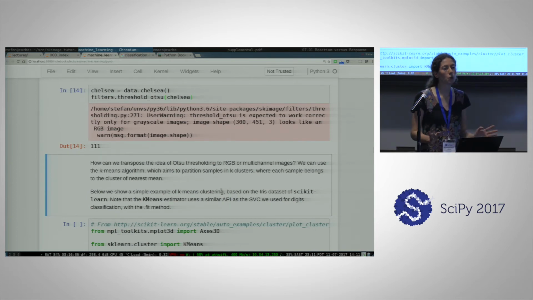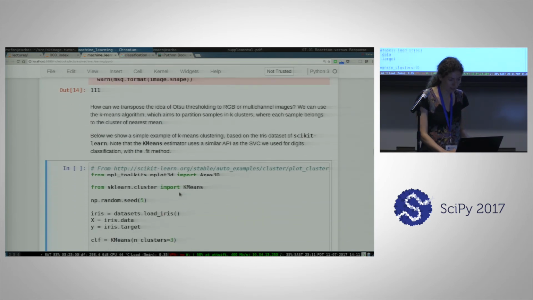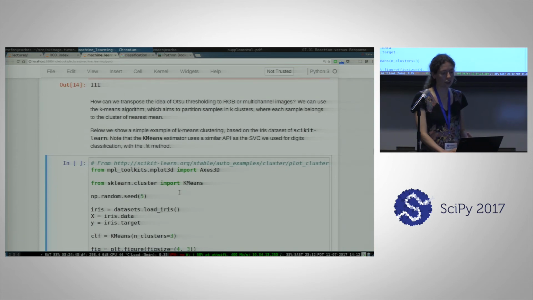So who has already used the k-means estimator here? Yeah, so one third of the people. So it's really cool that you already know it. It's really the most simple clustering algorithm that's available. And the idea is just to group together samples, so that each of them is as close as possible to the center of its group.